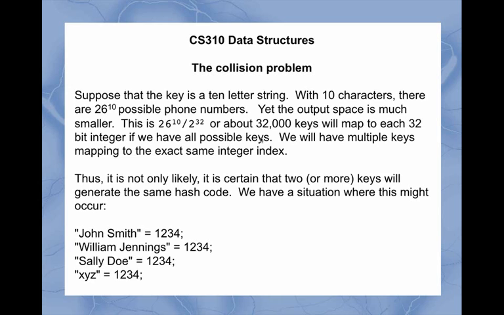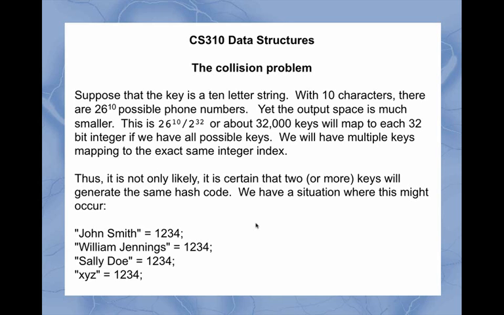Well, of course, you're not going to actually have 26 to the 10th power actual keys, but the implication of this is that you're going to have a situation where very, very different keys map to exactly the same hash code. It's going to happen. It's not only likely, but it's absolutely certain that it will happen.